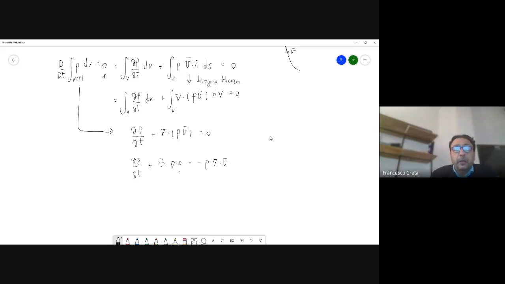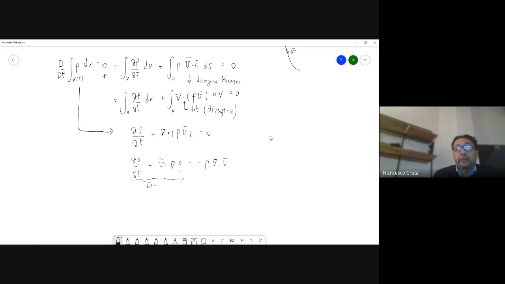This is a dot product. Let me just specify it here: dot, divergence. It's another way of writing it. In fact, remember the definition of material derivative.